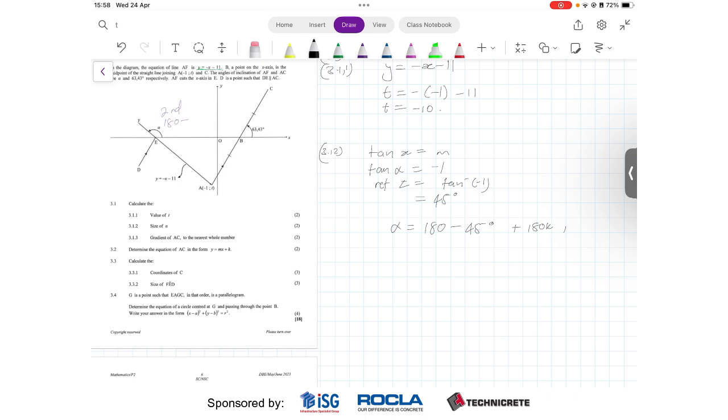Plus 180k such that k is an element of integers. That tells us that alpha is equal to 135 degrees. I'm going to write out this part in green because it's not entirely necessary. What is necessary though is for you to find the reference angle, which is 45, and then use the quadrant that you are operating in to figure out your angle.